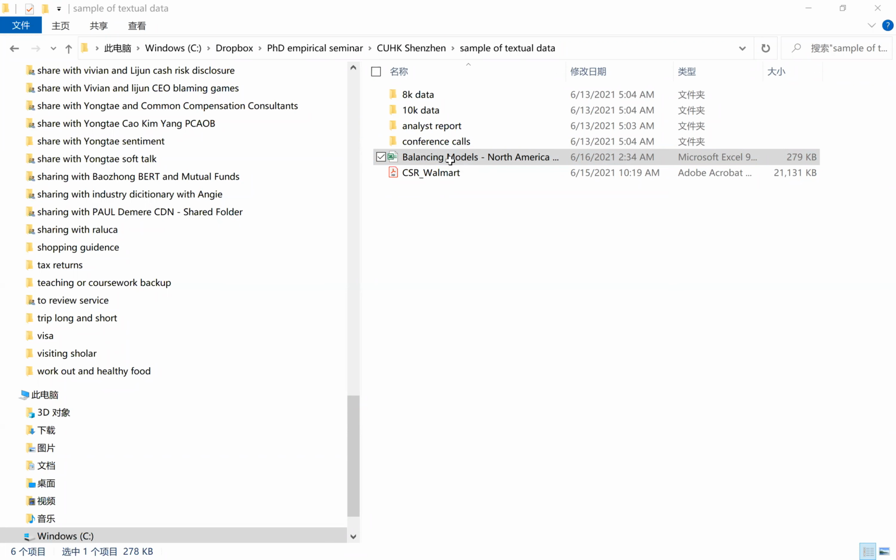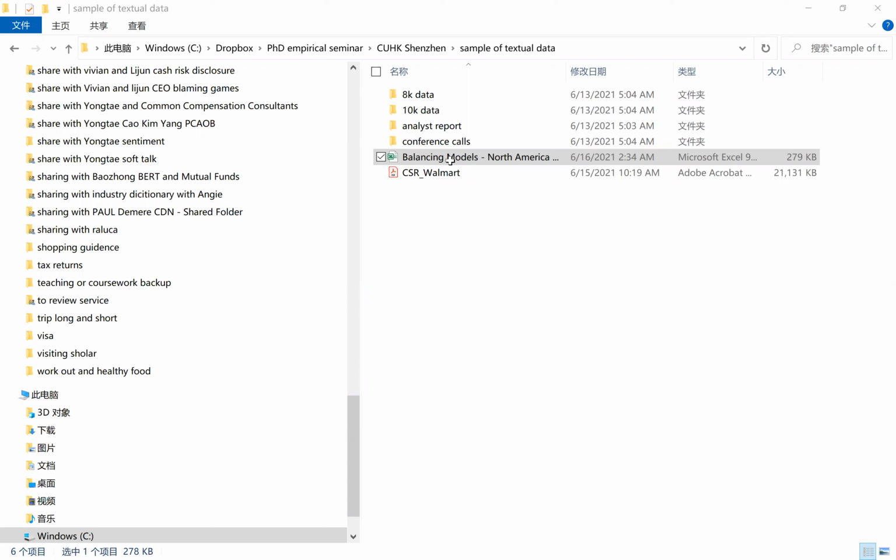All the data here are from the income statement and the balance sheet. Can you guys see this Excel file? No, we are just seeing the folder, Professor.